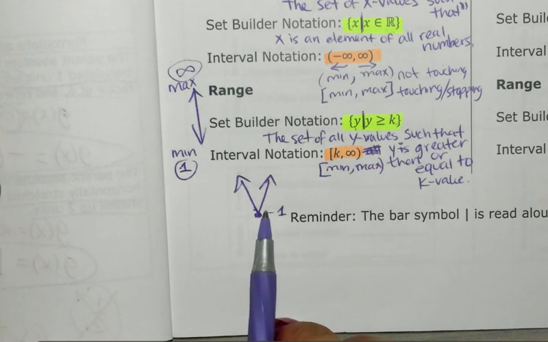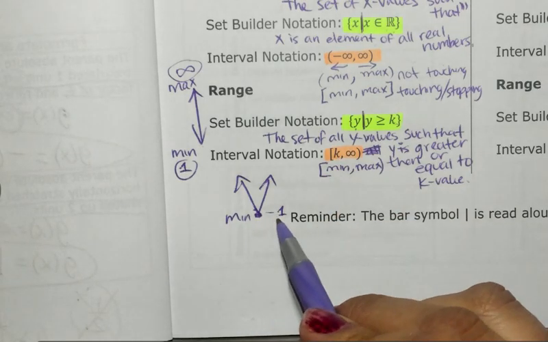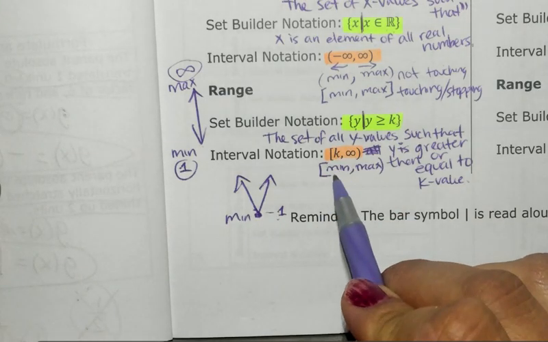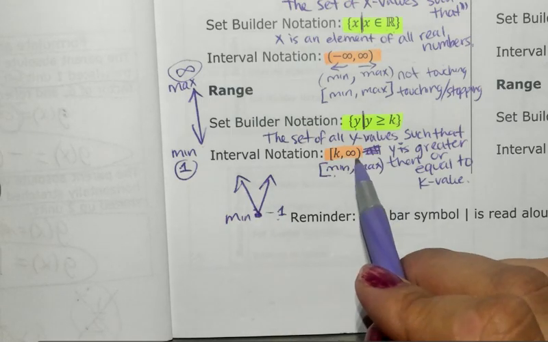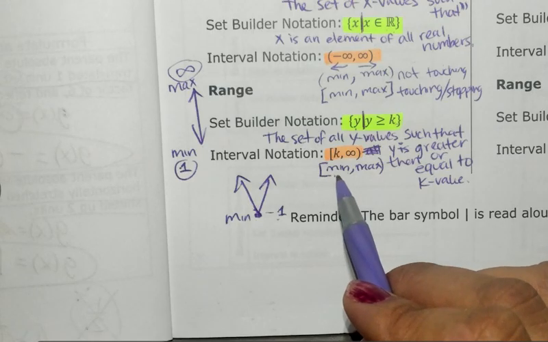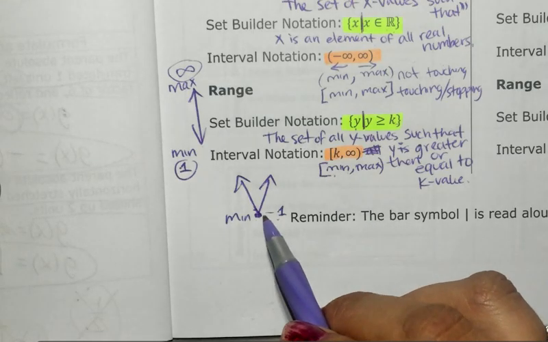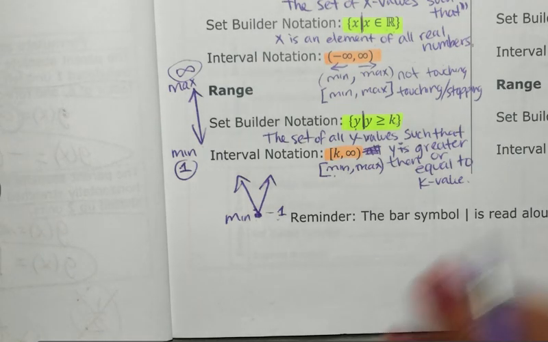So again, the graph's opening up, there is a minimum value. Whatever value that is goes here. And then comma your maximum. The maximum is going to be infinity because it goes up forever. And you just got to write that bracket where the minimum is because it's stopping there. But a parentheses on the maximum because it goes on forever.